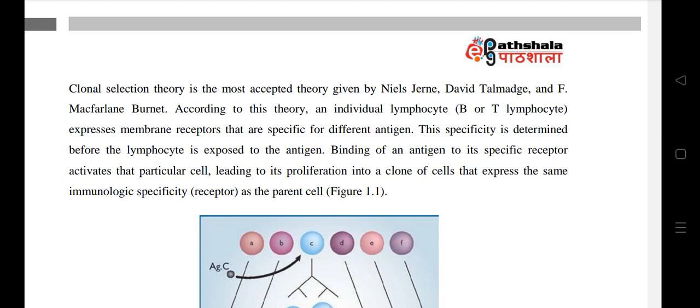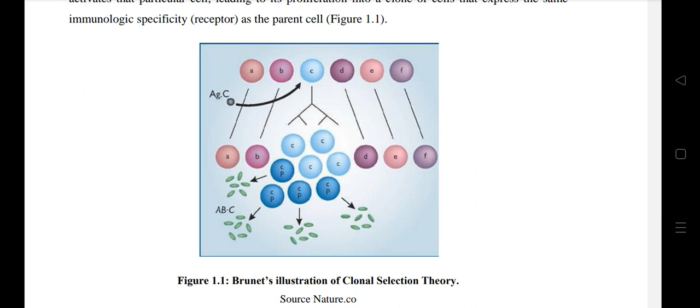Binding of an antigen to its specific receptor activates that particular cell, leading to its proliferation into a clone of cells that express the same immunologic specificity receptor as the parent cell. So here we could see a picture which illustrates clonal selection theory.